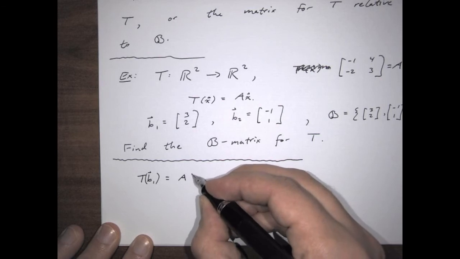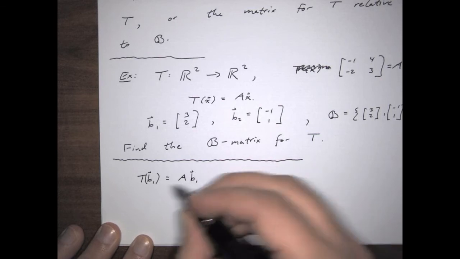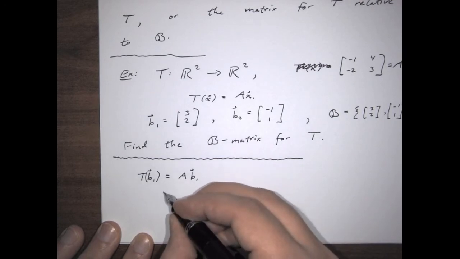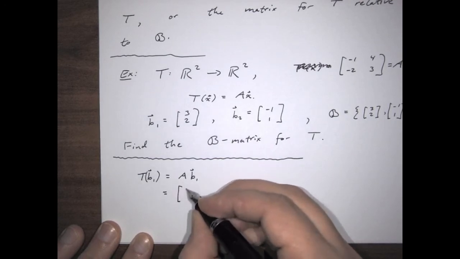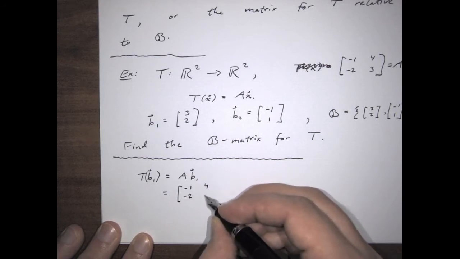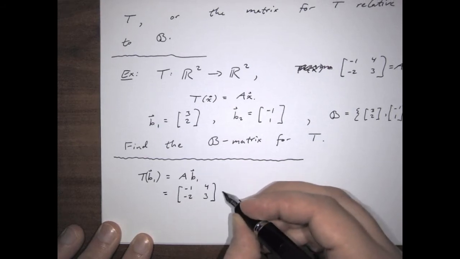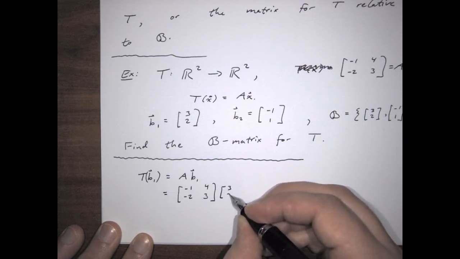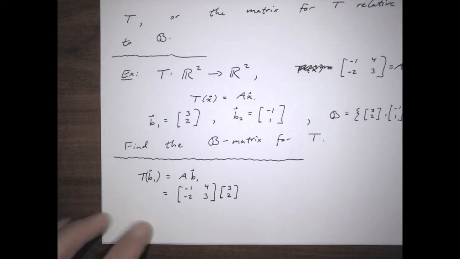So T of B1 is going to be equal to A times B1, which is going to equal -1, -2, 4, 3 times 3, 2.